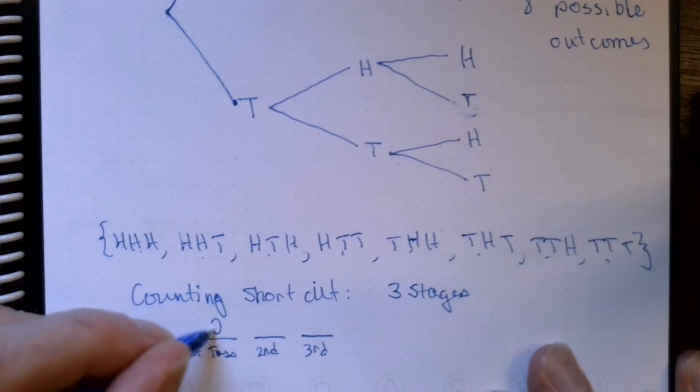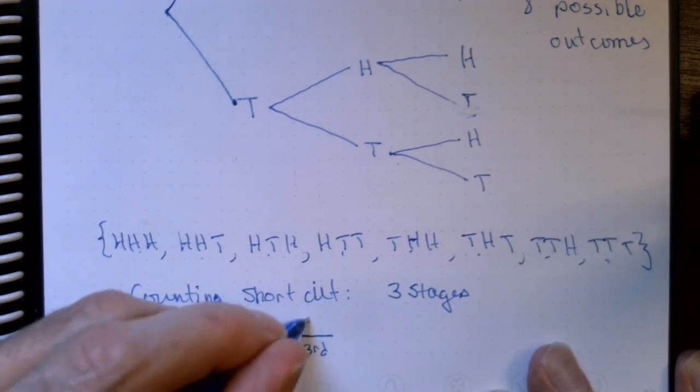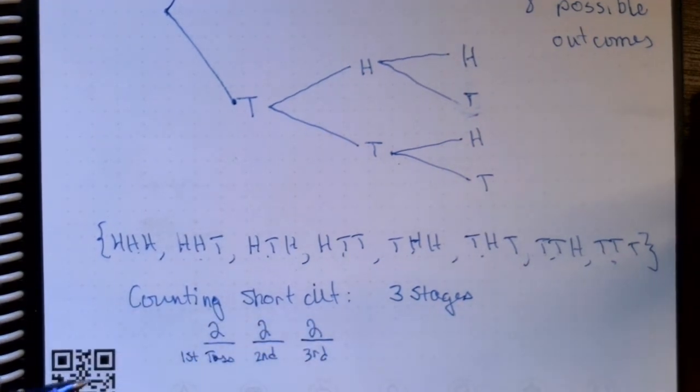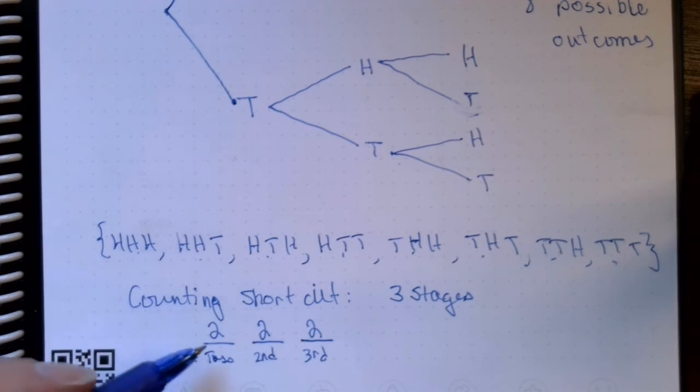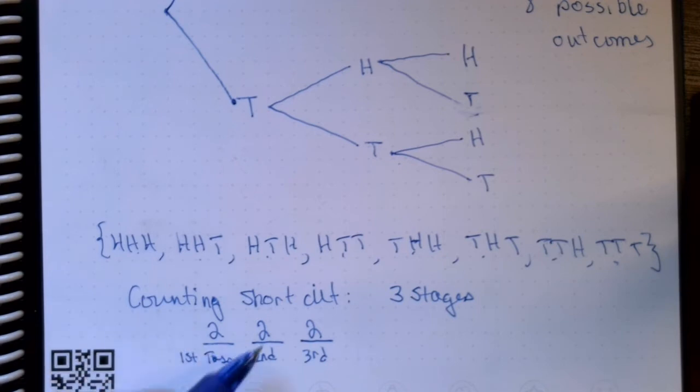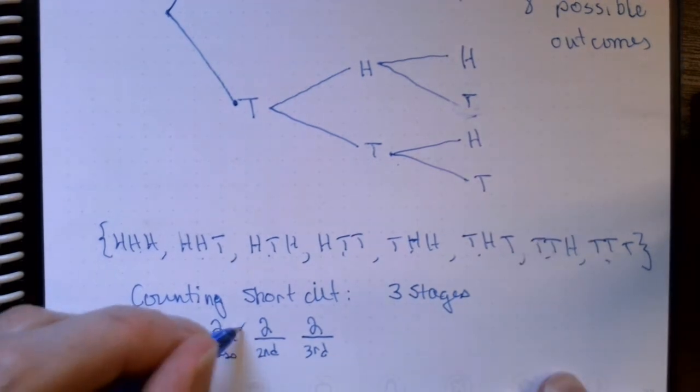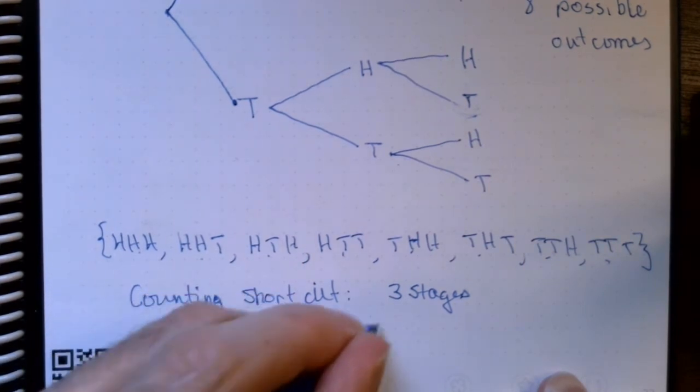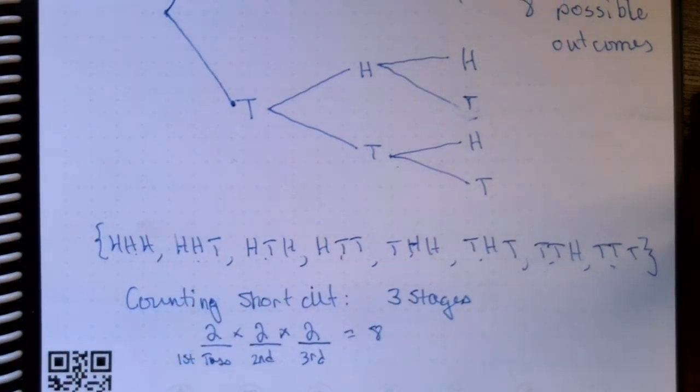Now we have to think about how many ways each of the stages could work out. So the first stage, well, you have 2 possibilities. The coin could come up heads or it could come up tails. And you also have 2 possibilities for the second stage and 2 possibilities for the third stage. 2 times 2 times 2, that gives you 8 possible outcomes.